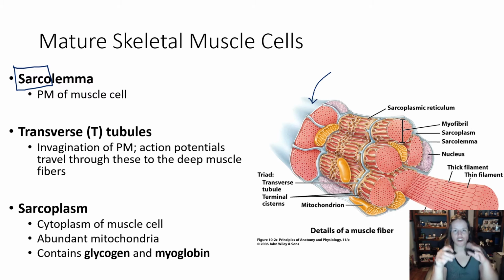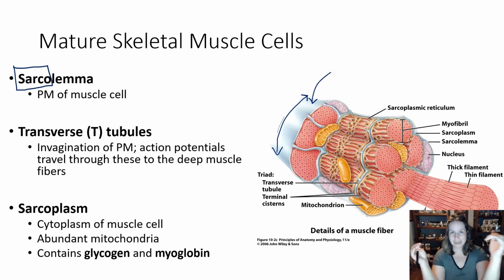Now, one of the issues, if you think about it, when you're going to build a muscle cell, is I have a 3-dimensional cylinder. And if my electrical signal is only going on the outside of the plasma membrane, only the outer organelles are going to be told it's time to contract.